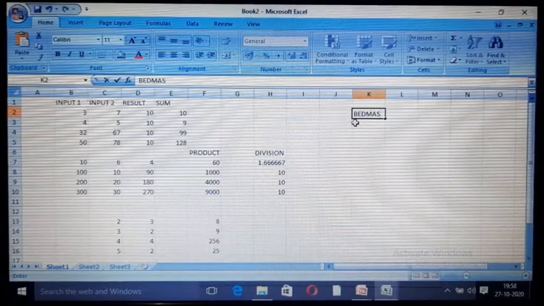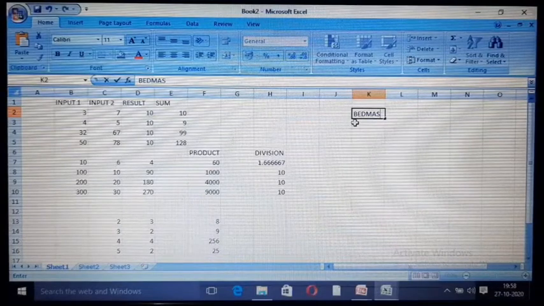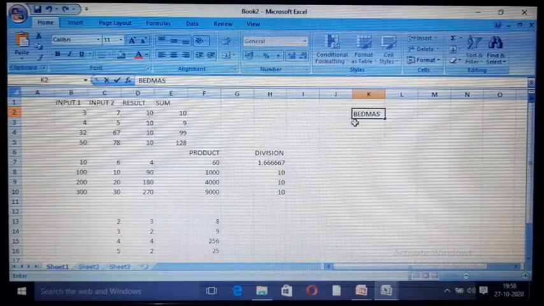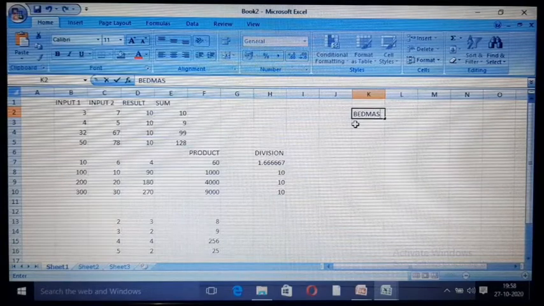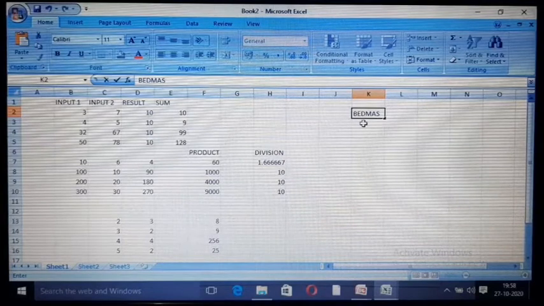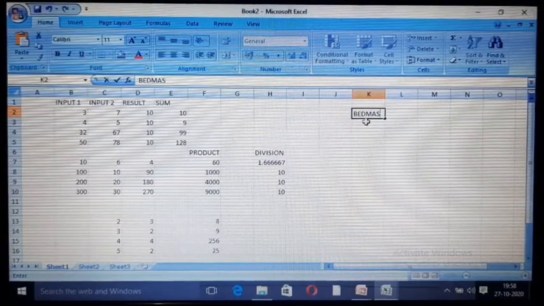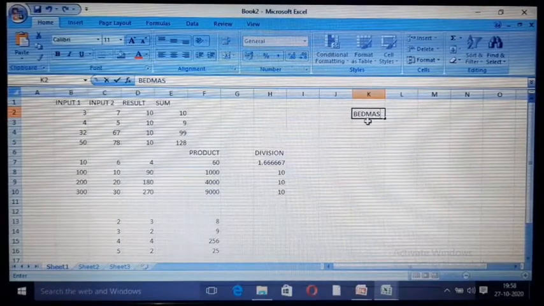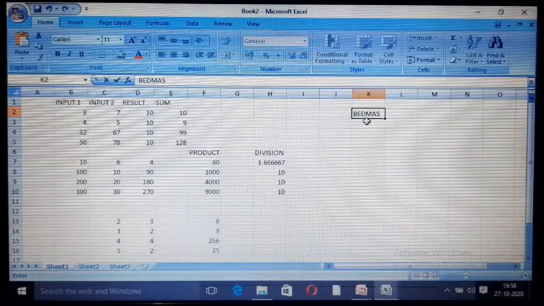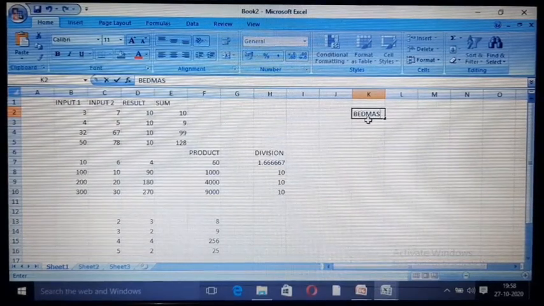While solving an arithmetic expression, we have to go from left to right. First we will solve the bracket, next the exponent, then the division, next is multiplication. Division and multiplication are of the same priority, so we see first from the left to right.